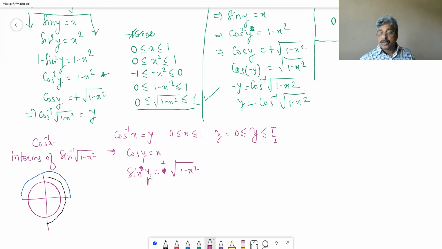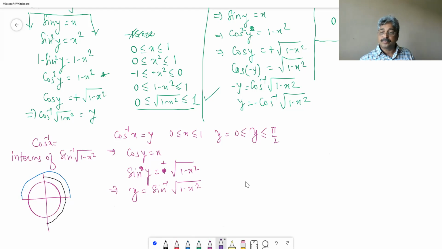Now, is y invertible? Yes. Is this in the desired zone? Yes. Therefore, we can directly say y is equal to sin inverse radical 1 minus x square. So, the first part is over.